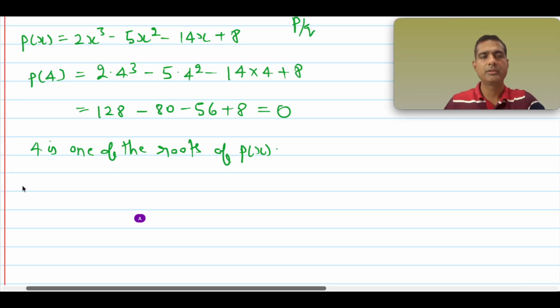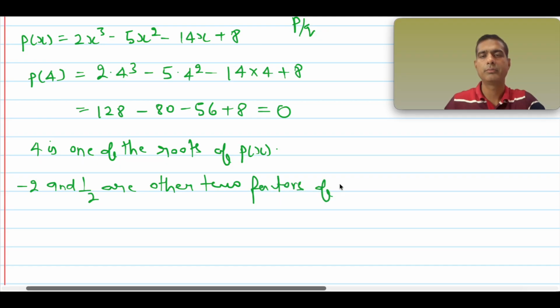Similarly, you can find out negative 2 and 1 by 2 are other two roots of p of x. So p of x was a third degree cubic polynomial and we have got three roots, 4, negative 2 and 1 by 2.